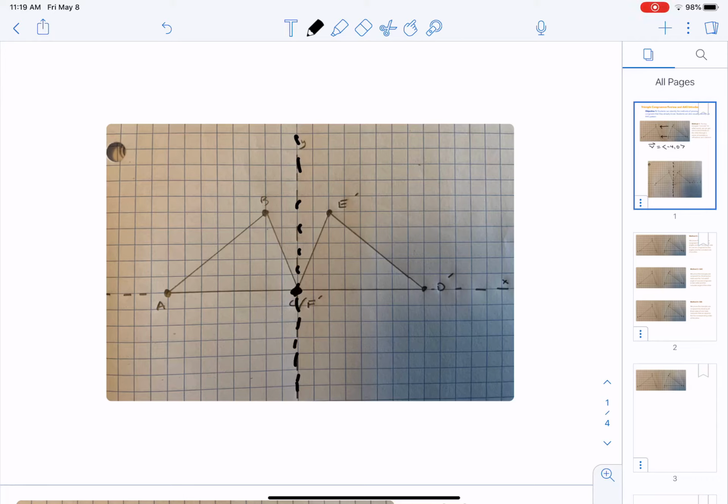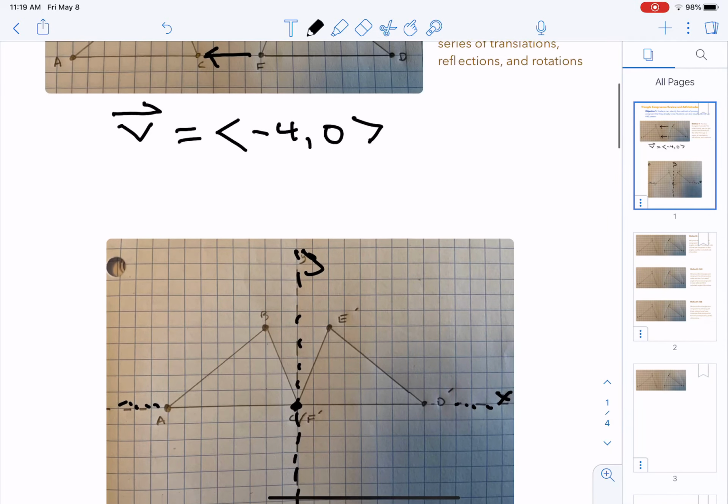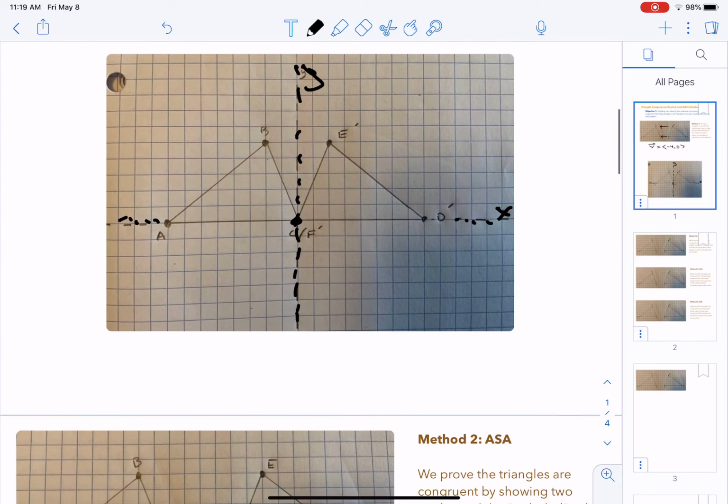You don't quite have to do it this way, but I think this makes it easier. Here's the x-axis, here's the y-axis. If you do a flip, a reflection, point E is going to land on point B, and point F is going to land on point C. In fact, it's already on point C. And if you flip point D across, it's going to land on point A.